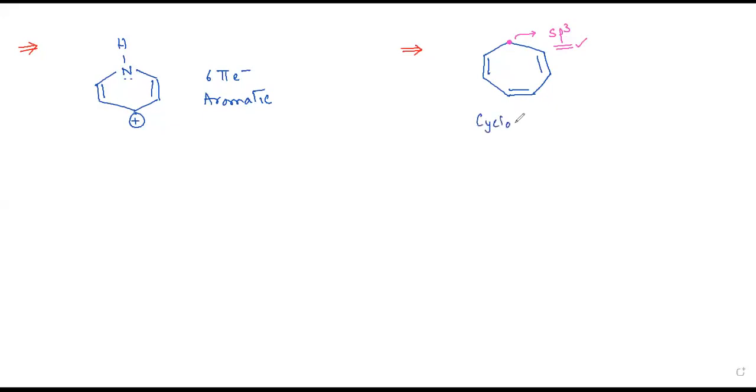So cycloheptatriene is non-aromatic because of the intervening sp3 carbon, which doesn't allow conjugation. No vacant p orbital. Therefore, no conjugation.